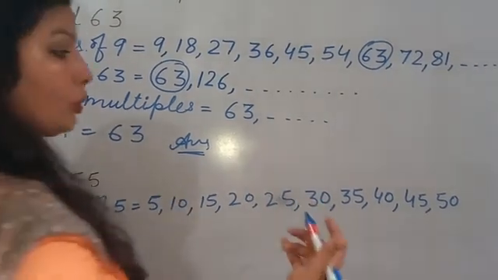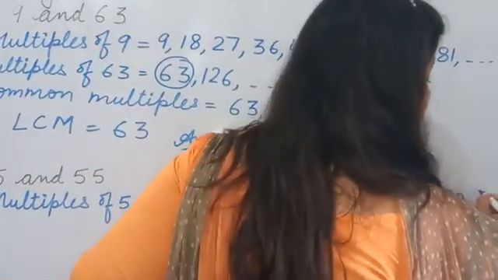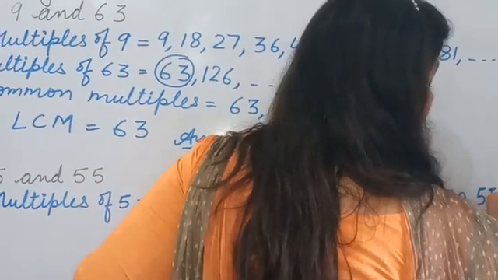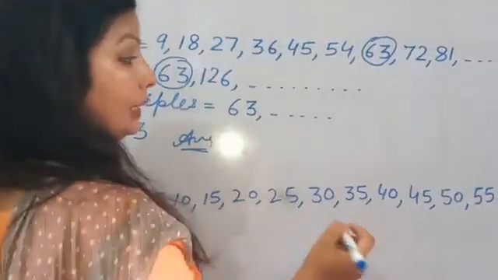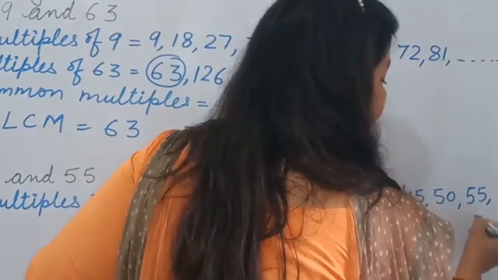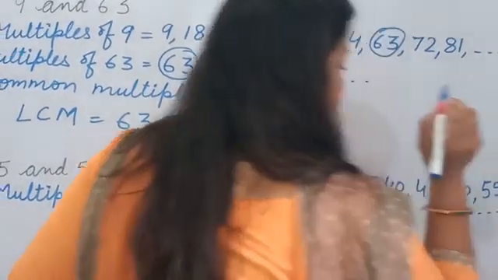So we will take more. 5 elevens are 55. Now we can get the common because the second number is 55. So now we can leave it and put dash dash dash here.